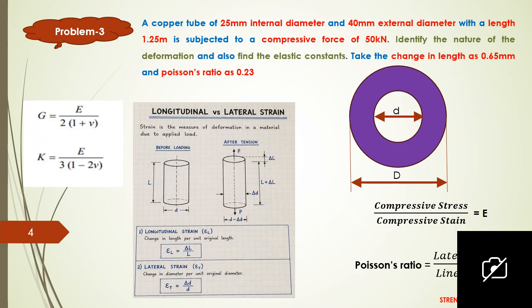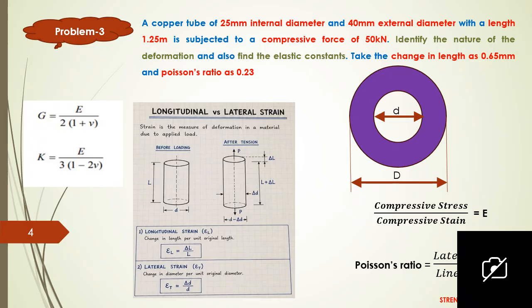Modulus of elasticity here, since the force is compressive, is the ratio between compressive stress to the compressive strain. So stress equals load by area. The area for a hollow section we can easily find out, and the force is given as 50 into 10 power 3 Newton. So we can easily find the stress.